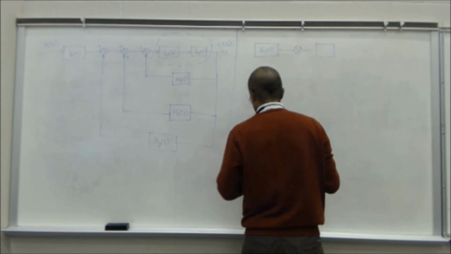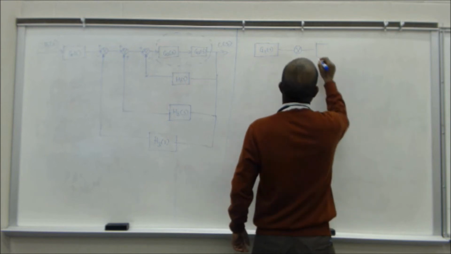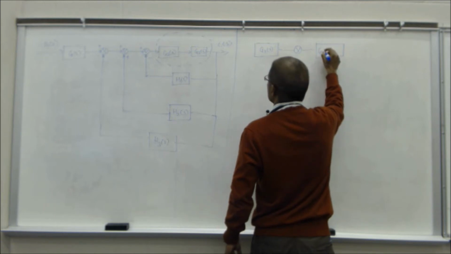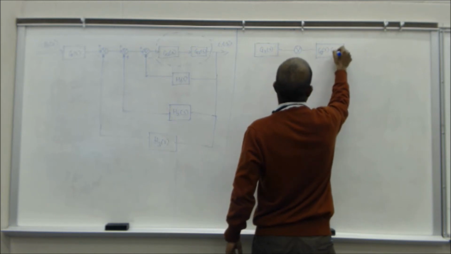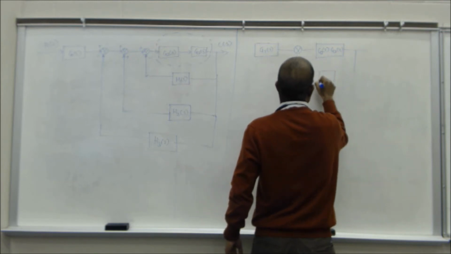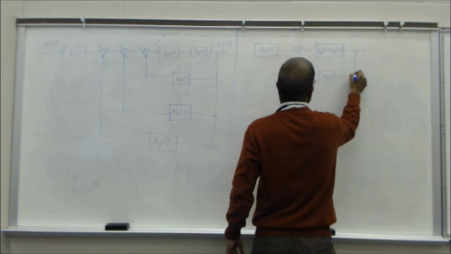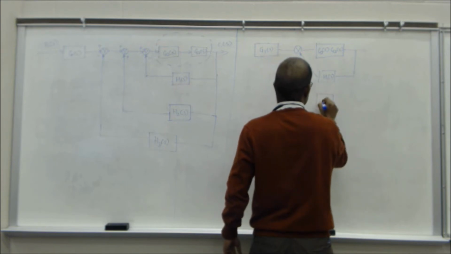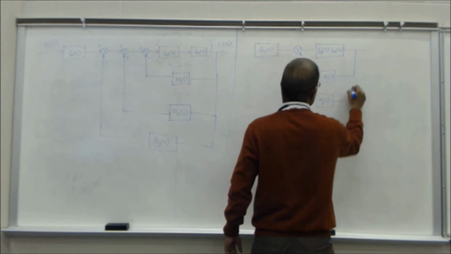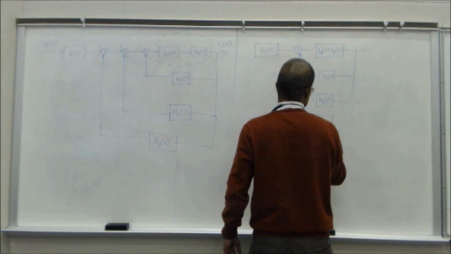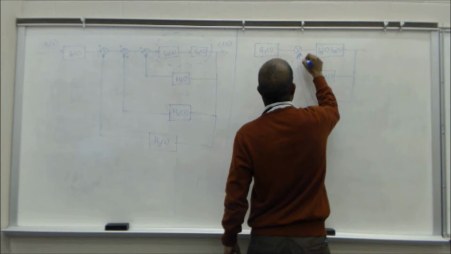What is the equivalent cascade here? G2 of S, G3 of S, right? And then you're going to have H1 of S, H2 of S, and minus, plus, minus.